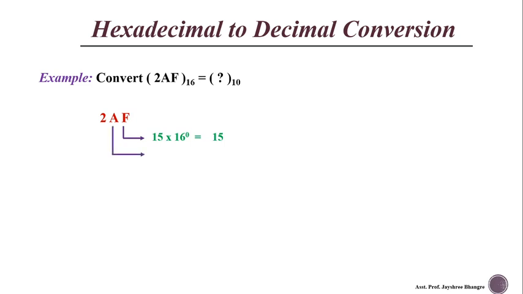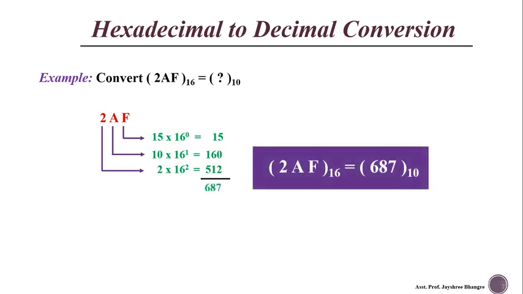A is 10, and its positional weight is 10 into 16 raised to 1, that is 160. And for the MSB digit, it is 2 into 16 raised to 2, that is 512. So after summing up these products, we get the answer 687. So this hex number 2AF is equivalent to 687 in the decimal number system.